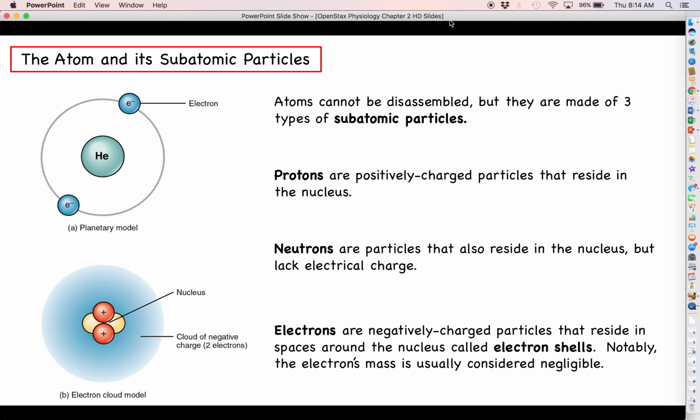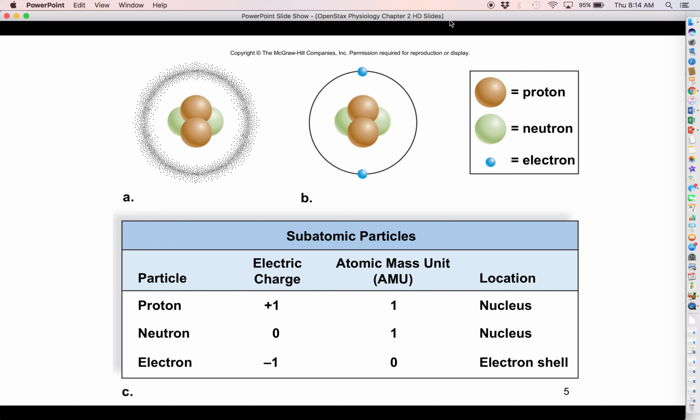Electrons, on the other hand, opposite to the protons, have a negative electrical charge, but rather than occupying the nucleus, they orbit around the nucleus in spaces called electron shells. Now, if you're going to consider these 3 different types of subatomic particles, we usually consider them on 3 different qualities.